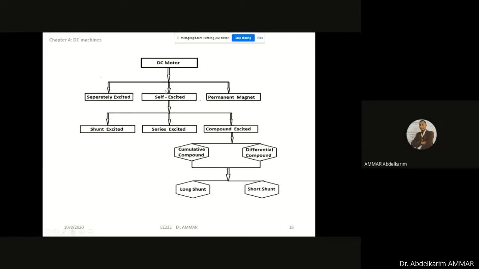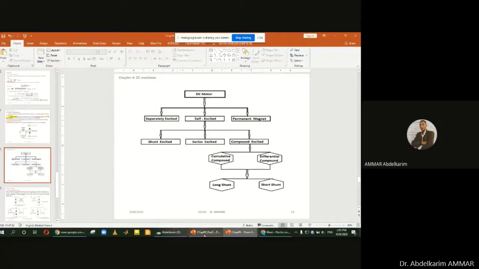The self-excited machines have different types. Shunt excited, when the field and the armature are connected in parallel. Series excited, when they are connected in series. Compound, which means complex, when they are connected in series and in parallel at the same time. We are going to see them in the next slide.